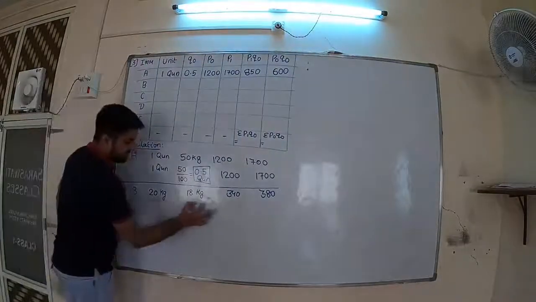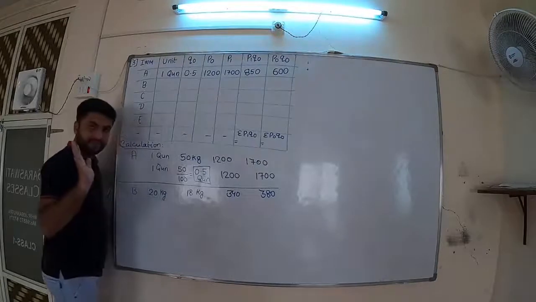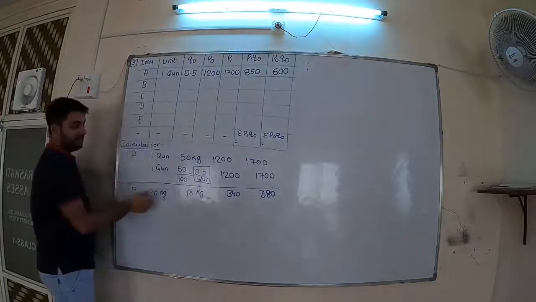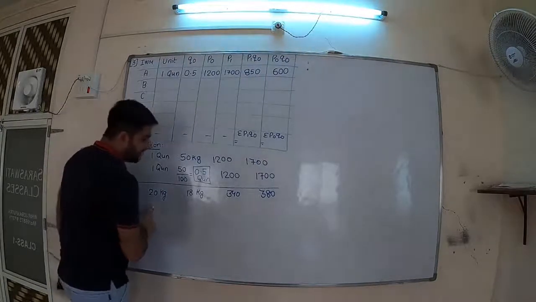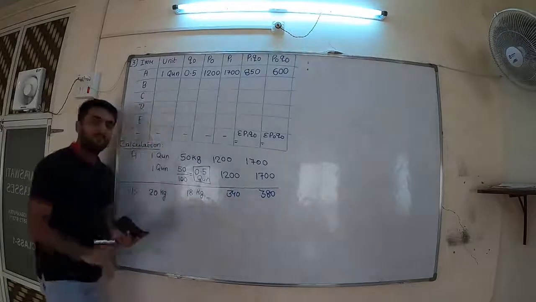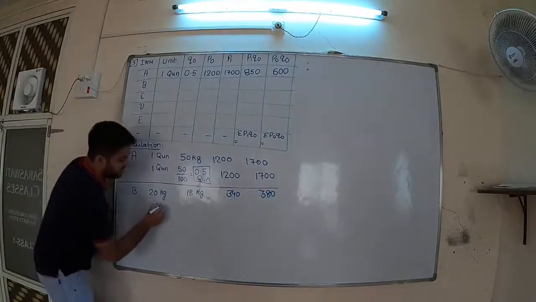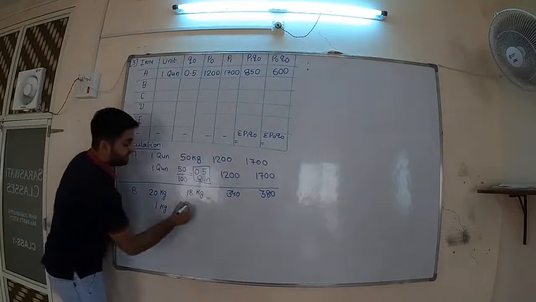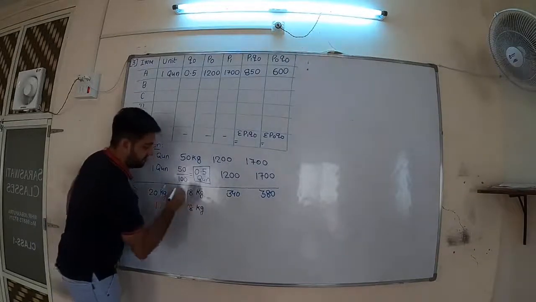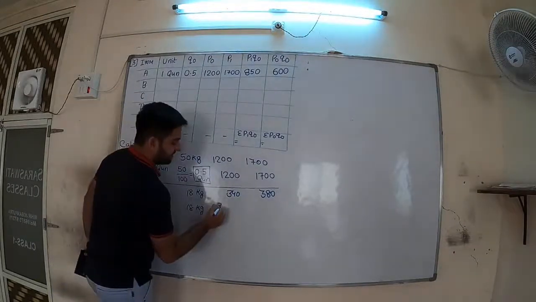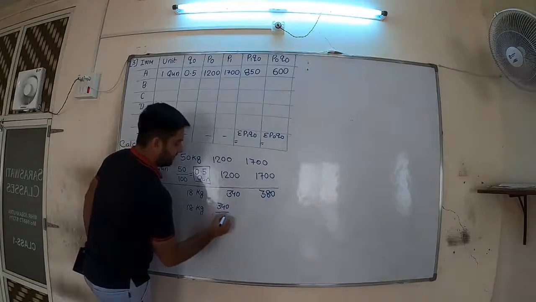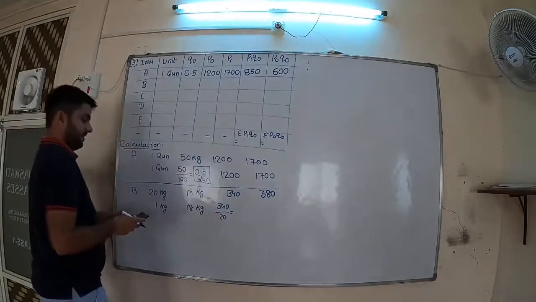Horizontally units are the same. Yes, horizontally units are the same. So the unit must be one. Unit is not one, so divide the value of the unit into both the prices. Okay. The unit we are changing to 1 kg. Here there will be no difference. When we are changing the units, just divide the prices.